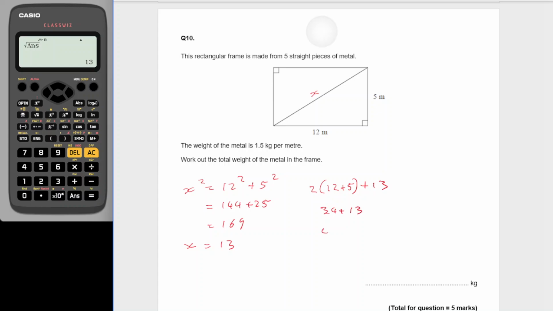So that's going to be 47. Again, we'll just double check that. Yep. And then we need to do 47 times 1.5. So 70.5.